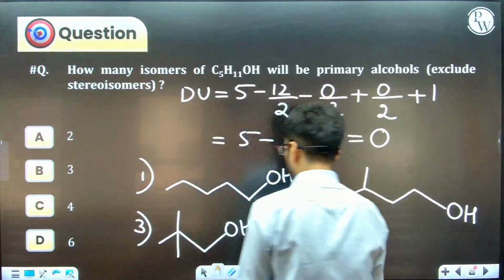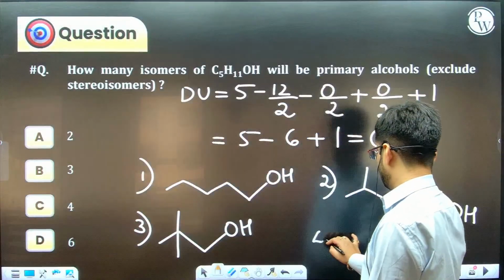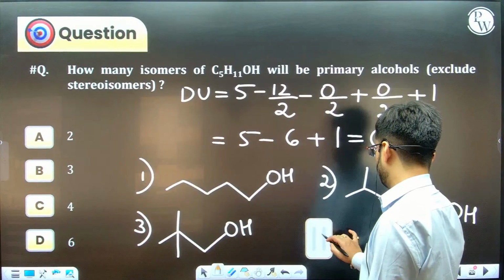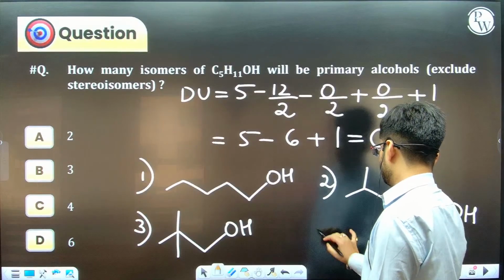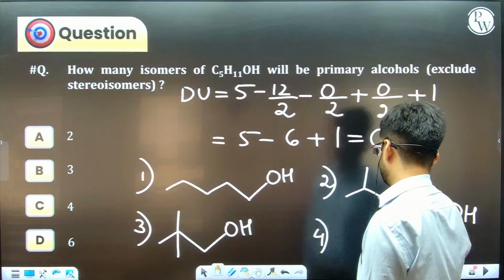So is there any such alcohol which we have missed out? Let's see if there is any more alcohol having this formula. Let's check.